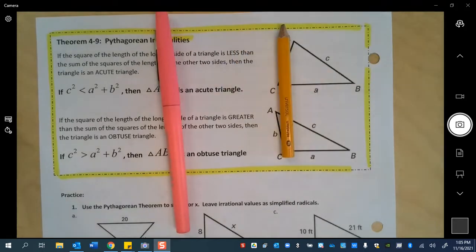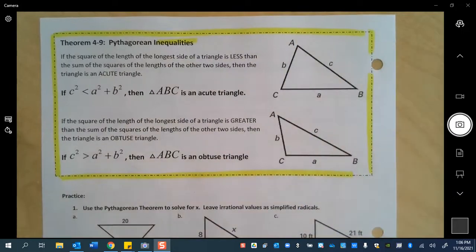Now I'm taking my last pen. If c squared is longer than a squared plus b squared, notice I have to open my fingers up as wide as they can go to make that distance, to make that triangle possible. What kind of angle is this? Obtuse. Okay.